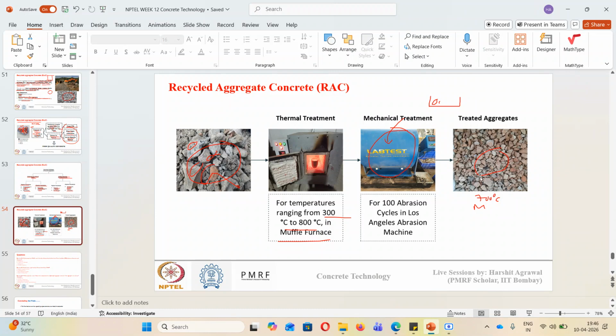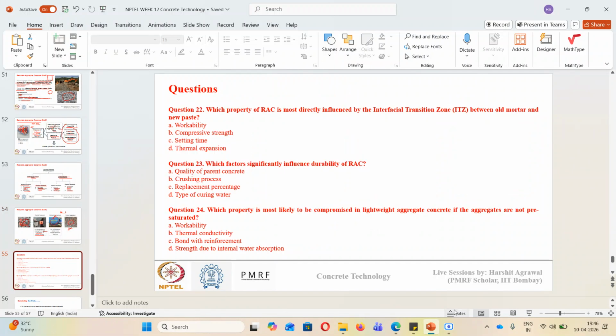Once we remove the adhered mortar, the aggregate quality improves. I found that at 700 degrees Celsius heating followed by mechanical abrasion, the quality of aggregate was close enough to natural aggregate in terms of compressive strength of concrete. So this is all we discussed in recycled concrete aggregate. You can again revisit the session recording to listen in detail about this.